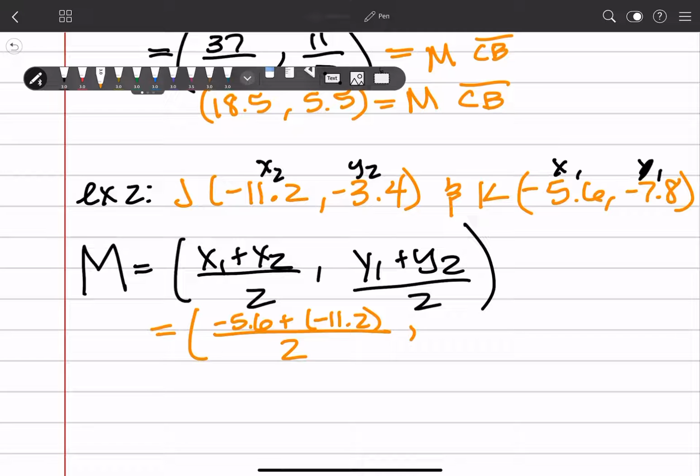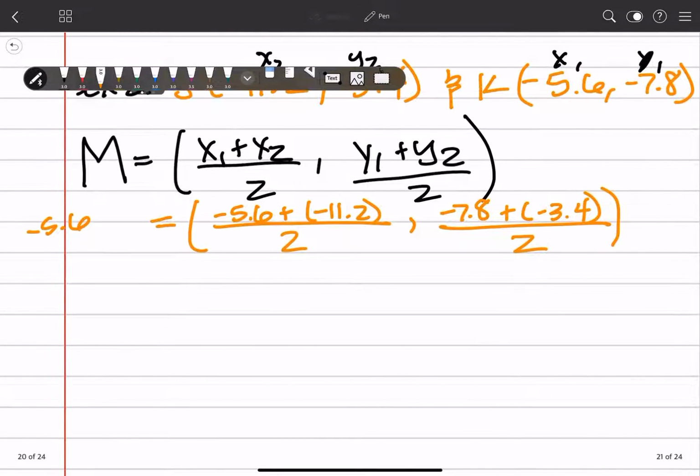And then my Y1 in this case was negative 7.8 plus a negative 3.4 all over 2. Close your parentheses. Okay, so now you're just going to plug it into your calculator. Now you can do it by hand, of course. You're going to see these types of questions on your SAT and your PSAT and the non-calculator portion even. So you want to be prepared for that.